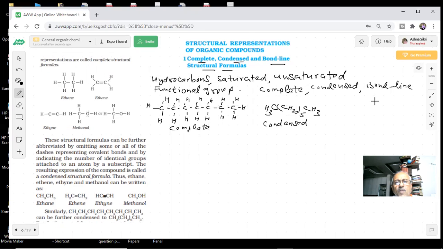For example, if I have CH3OH, I show it like this, whereas in the complete form I would have to write everything. See how we represent this compound in this form.